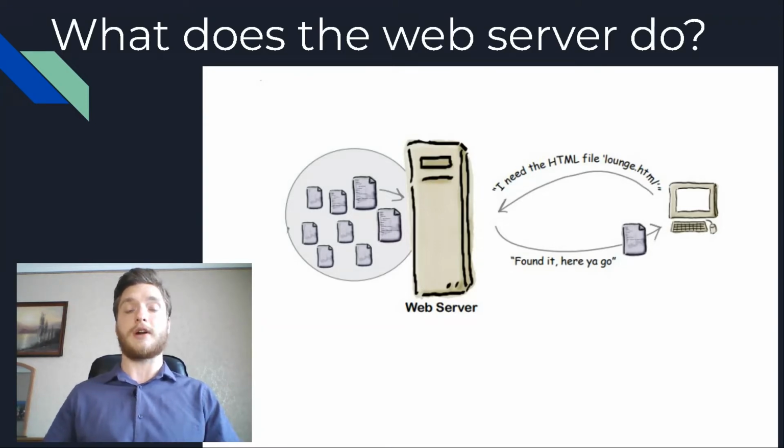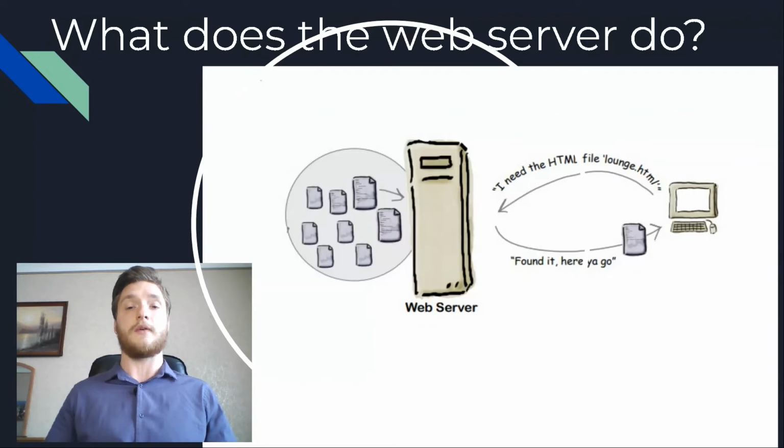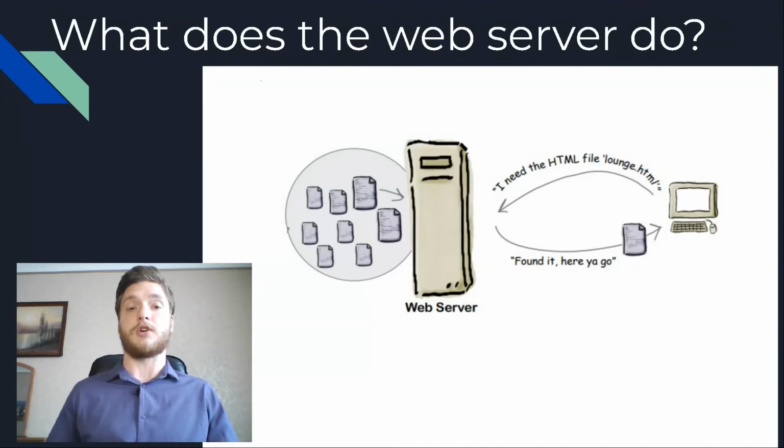What does the web browser do? You already know how a browser works. You're surfing around the web and you click on a link to visit a page. That click causes your browser to request an HTML page from a web server, retrieve it, and display the page in your browser window. The server serves up web pages and sends them to the browser.